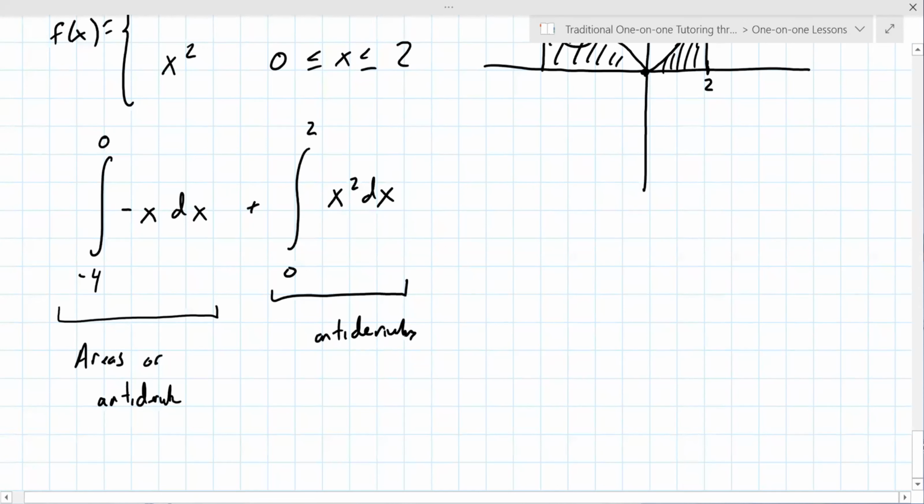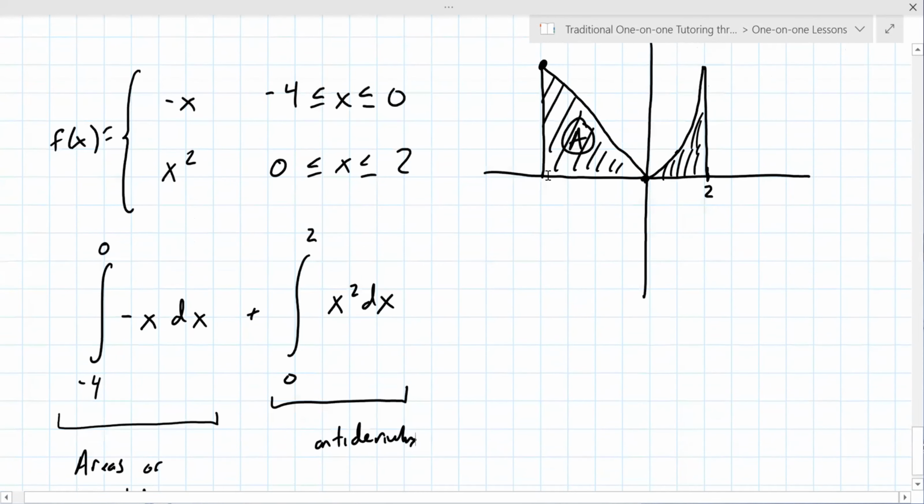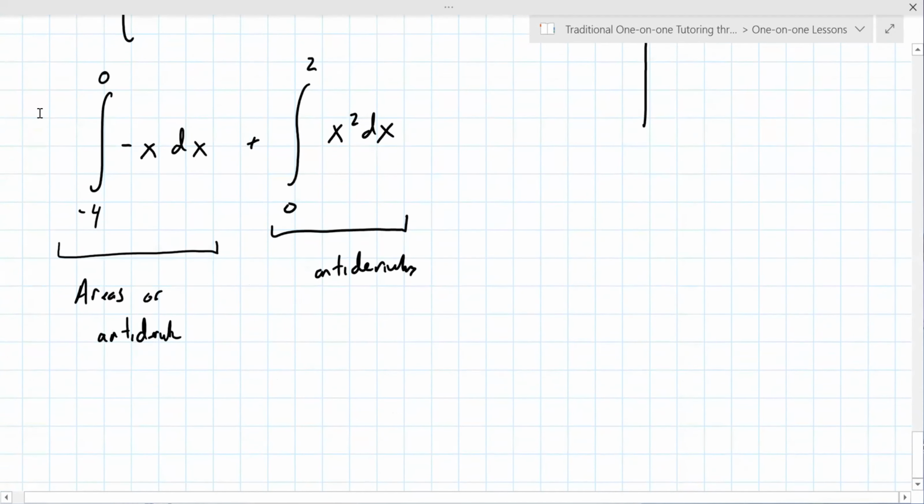Okay, so the first one is just 1/2, -4, and it goes up to 1, 2, 3, 4. So -8. The area is above the x-axis, so it can't be negative. Oh, +8. Yes, and that's why it's maybe better to do it this way.